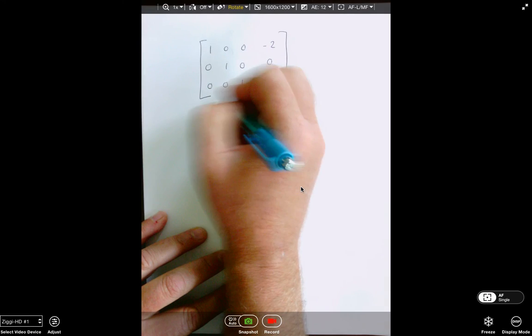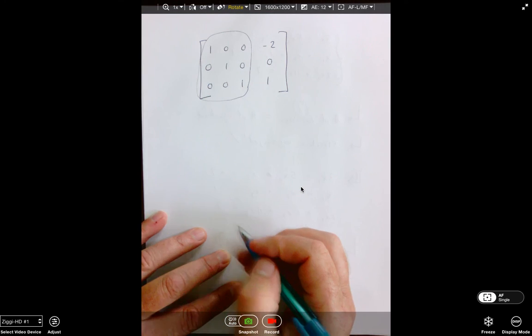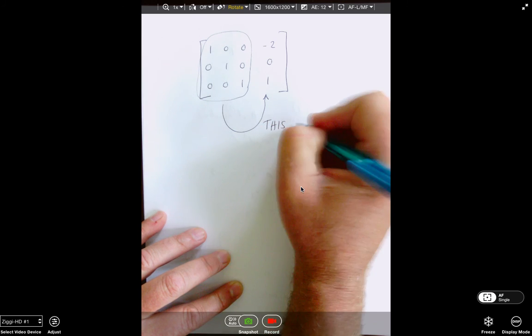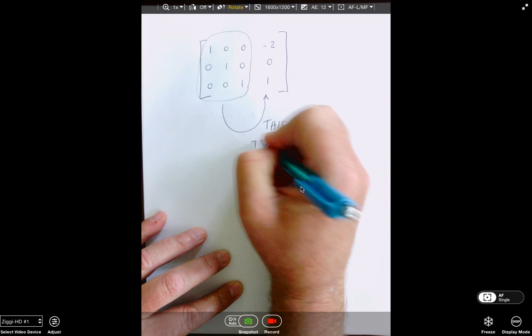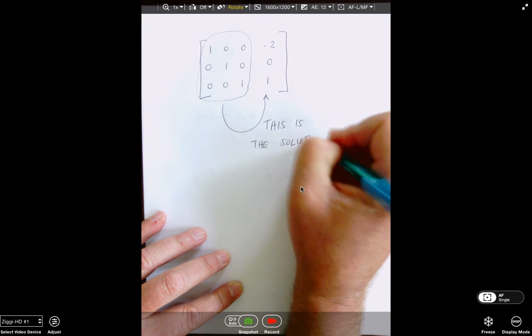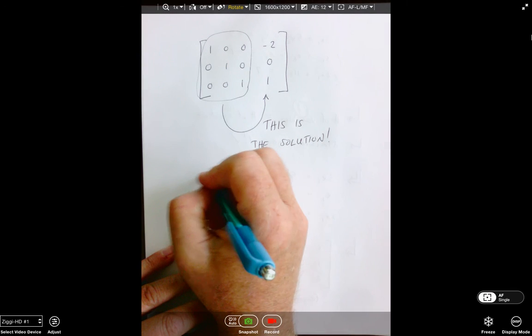This part right here tells me what? This is the solution. So guys, I used x1, x2, x3.